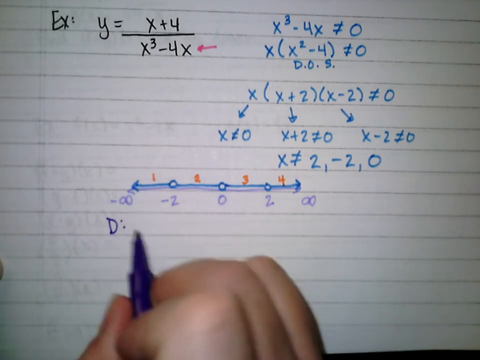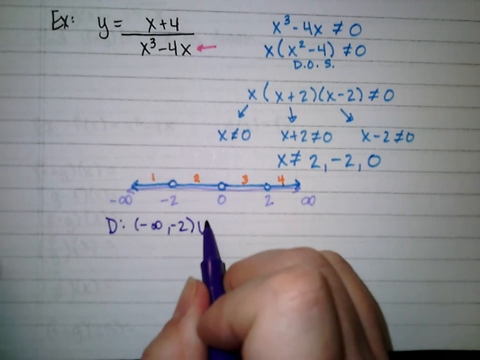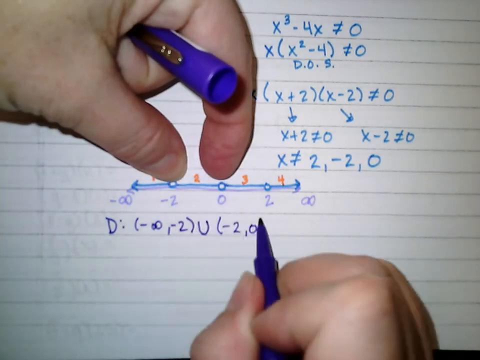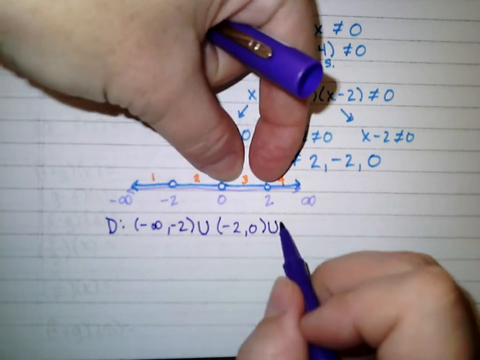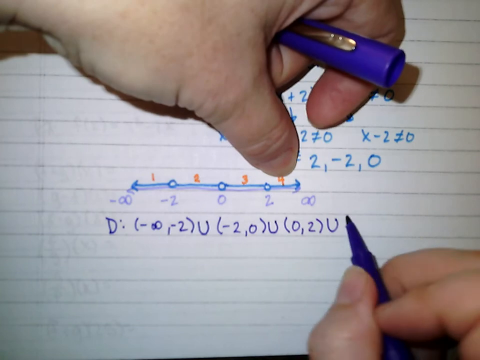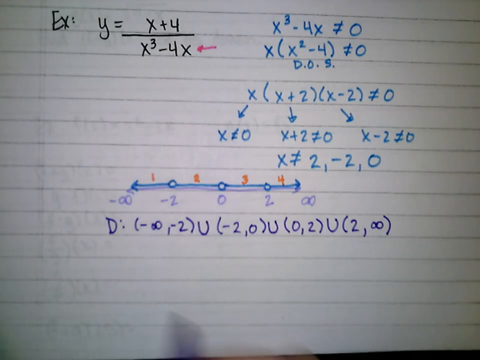So the first one will go negative infinity to -2, skip over -2. And then the next one will go -2 to 0, skip over. The next one will go 0 to 2, another skip. And finally 2 to infinity. Interval notation is more complicated on this one.